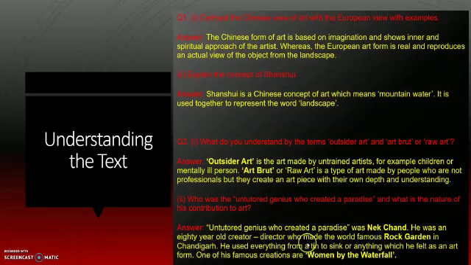He used everything from a tin to a sink or anything which he felt as an art form. One of his famous creations is Women by the Waterfall. So this was Nek Chand, who was an untutored genius. He wasn't taught. He never went to an art school. He did not learn anything, but he created a paradise called Rock Garden in Chandigarh. And another famous creation of his was Women by the Waterfall.